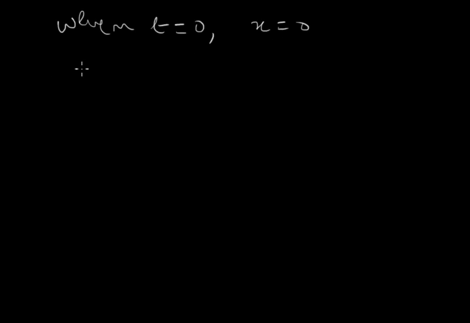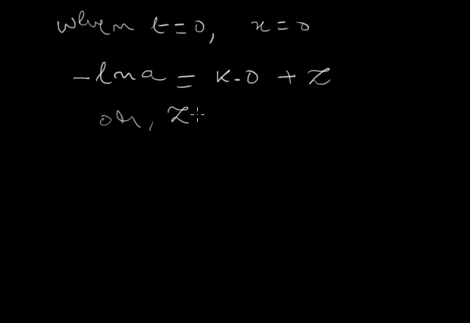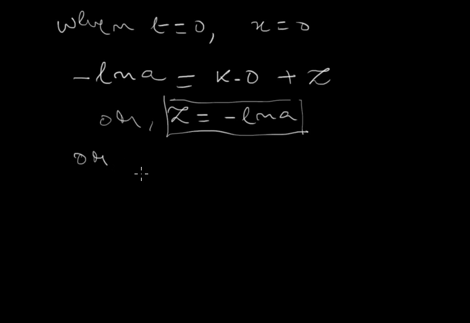In case of minus ln (a minus x), we can write minus ln a equal to k into t, where in place of t we write 0, plus z. So z is equal to minus ln a.